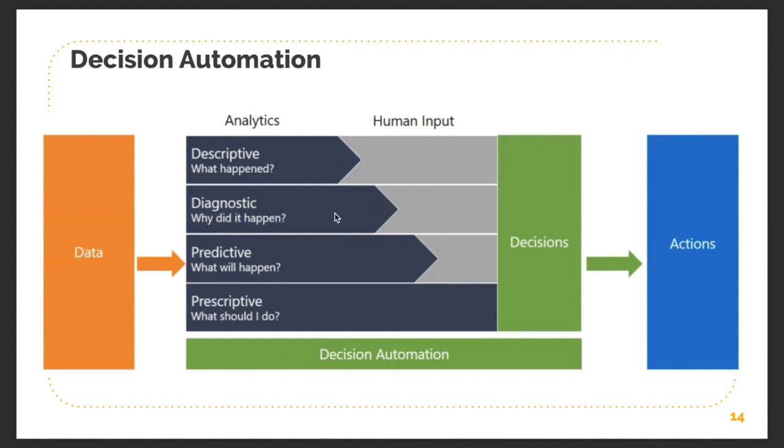What are you going to do with that information to come up with a decision? In the diagnostic, it tells us why it happened, and you already know why those things happened, and you might want to come up with a strategy. That will be the part of the human input to come up with a decision. Whereas in predictive and prescriptive, the human input is becoming somewhat irrelevant.